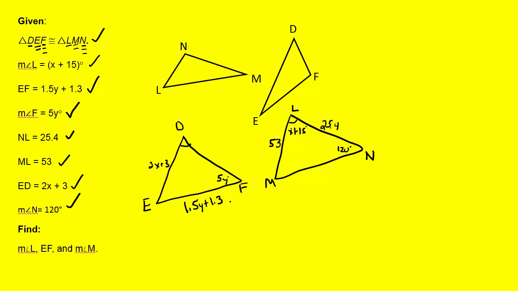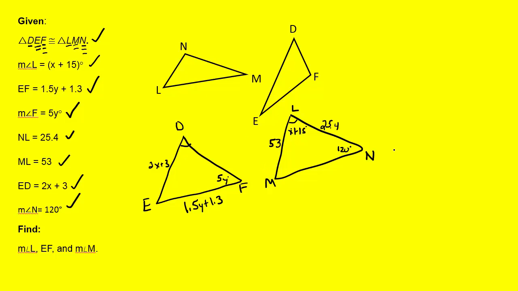Well, if I look in the picture, I can see that the length of DE has an x in it, an expression, 2x plus 3. And I know that DE, this length, is the same thing as LM because they're corresponding sides, they're in the same spot, so these two lengths should be equal to each other.